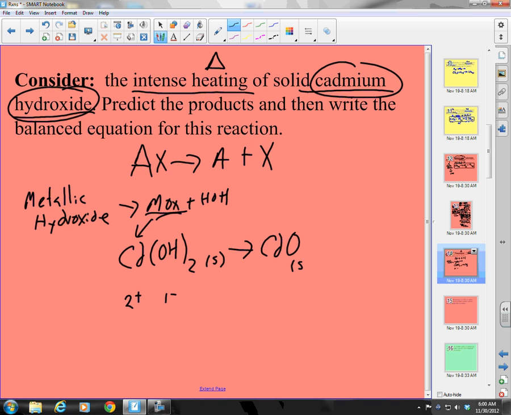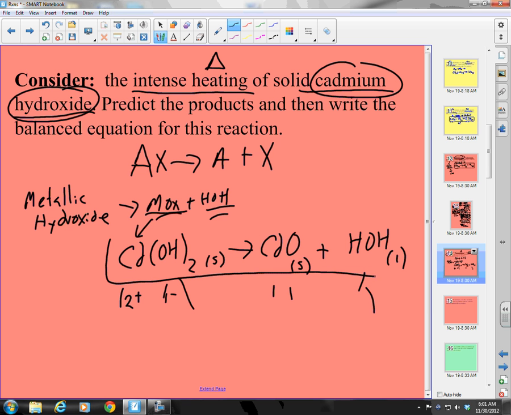CdO plus what? Water, HOH, liquid. Check to make sure everything's right. 2 hydrogens here, 2 hydrogens there. 2 oxygens, 2 oxygens, 1 cadmium, 1 cadmium. Yeehaw! We are right.